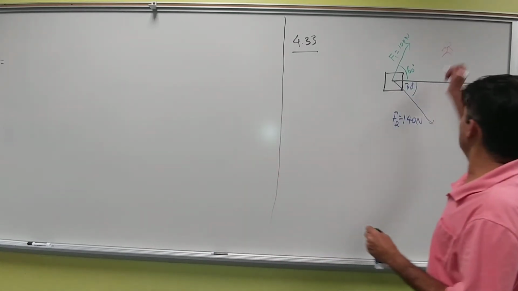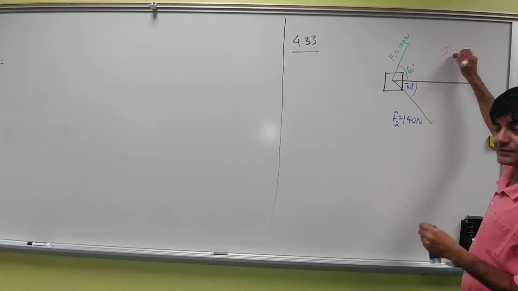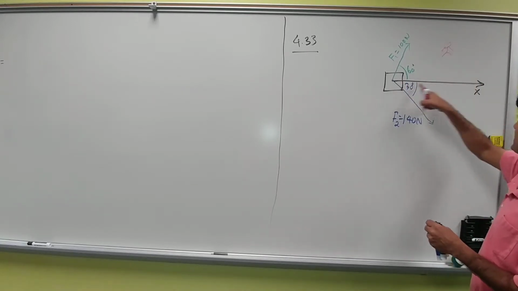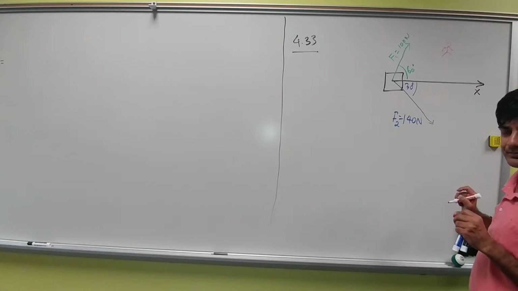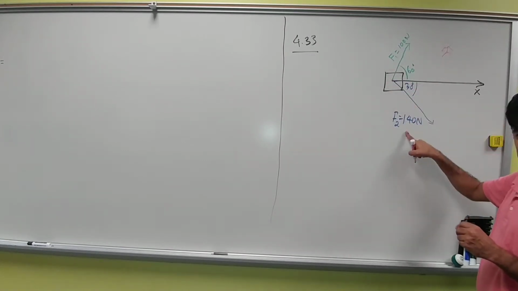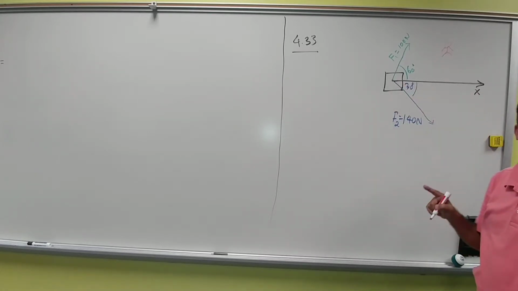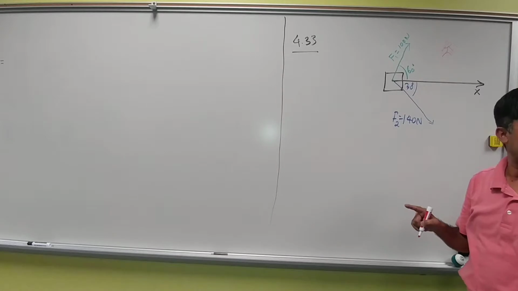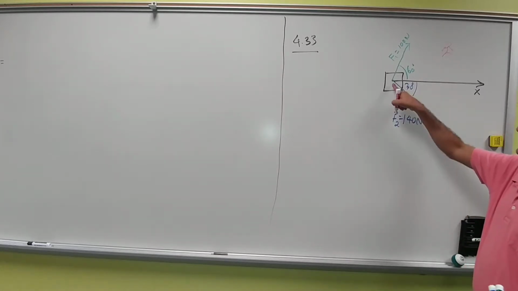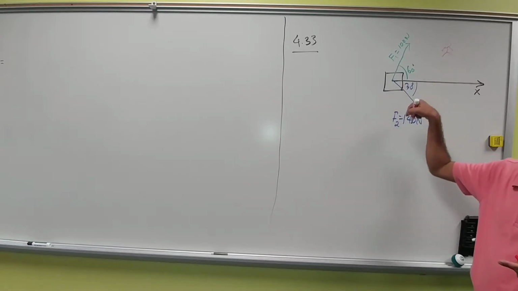The question says, what will be the minimum force needed by this child so that the cart goes in the x direction? With these two forces, the cart will not go in this direction. That's what it means. So there is a little bit of offset in the y direction.